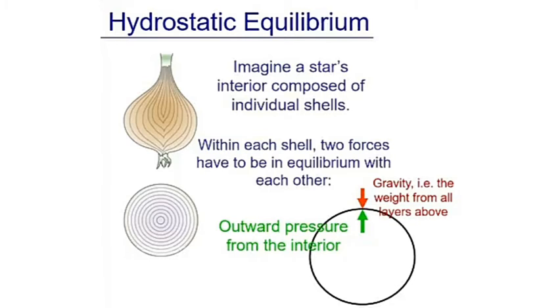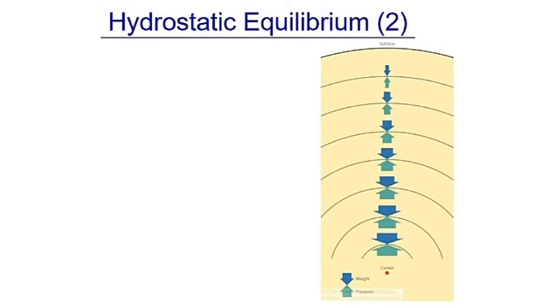The outward push is there because of the temperature on the inside of the star. In hydrostatic equilibrium, the inner layers of the star must be hot. They have to be, because they must support the weight with pressure. If the temperature is not there, the pressure is not there, and the star falls in on itself.